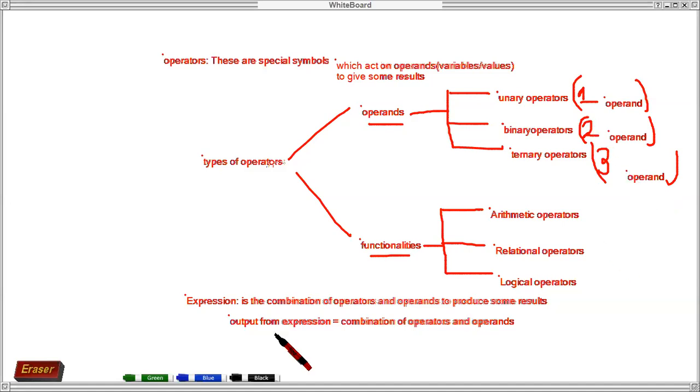So we can also revise the definition of the expressions with respect to this.